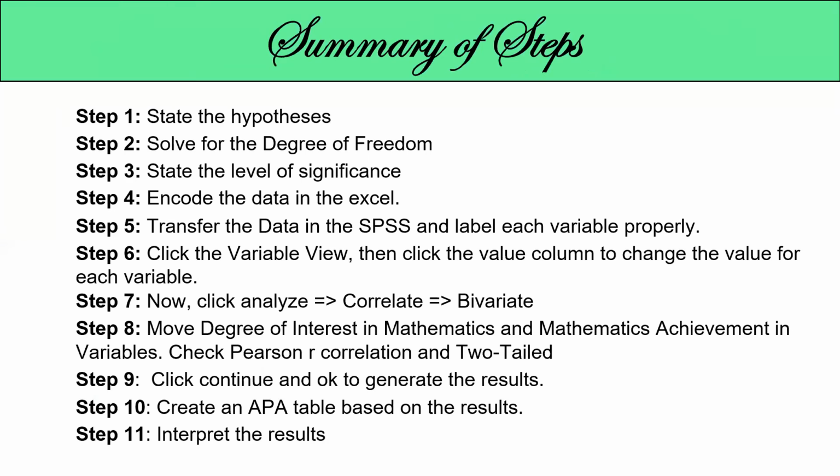For step 8, you move the degree of interest in mathematics and mathematics achievement to variables, but it could differ depending on the context of your study. You check Pearson r correlation and two-tailed. For steps 9 to 11, it is just the same as the t-test for independent samples and one-way ANOVA.